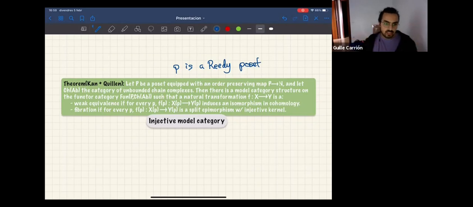And using the Kan theorem on this ready category and the model category of cochain complexes with the injective model structure, we have this model category where weak equivalences are pointwise weak equivalences and fibrations are pointwise fibrations.